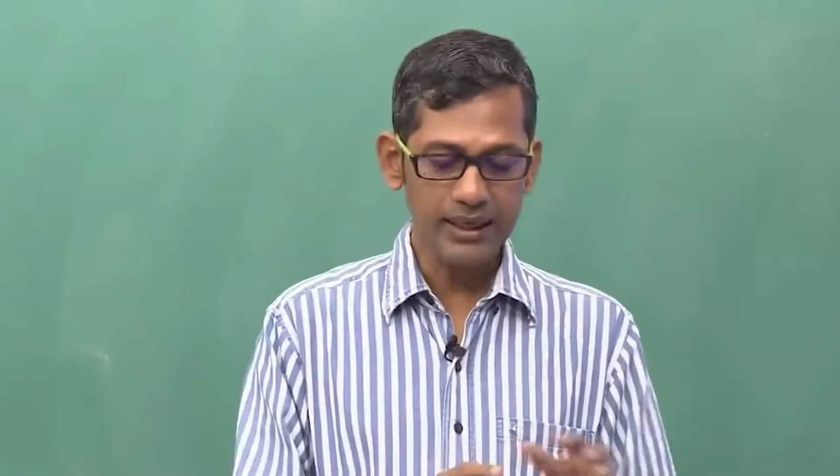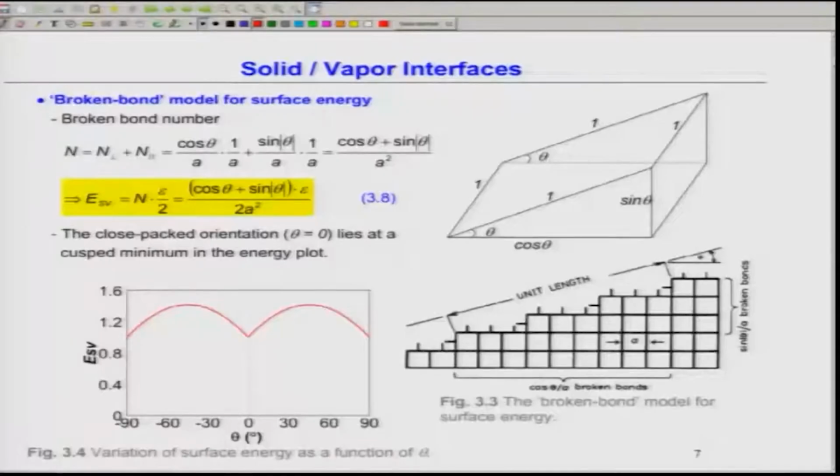That is basically the main conclusion of such an analysis for the solid paper interface. The conclusion is that there are curves in the surface free energy plots, and these curves have minimum points at certain values of theta.